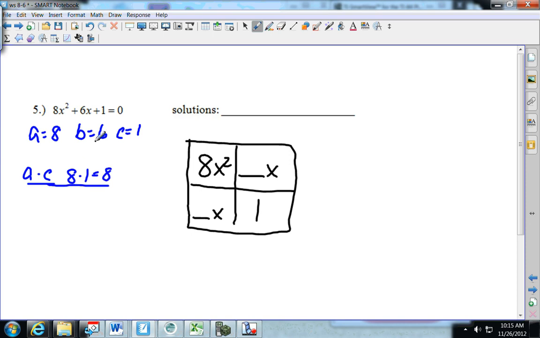The factors of 8 that give you 6 is 4 and 2. I'll put the 4 here and the 2 here. It doesn't matter. I know that 8x squared is going to split up as 8x and x, or 4x and 2x. Right here, out of these two boxes, what is the GCF? 2 goes into 2 and 2 goes into 8.